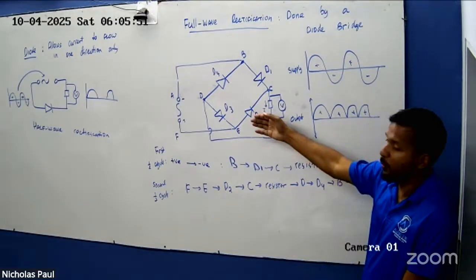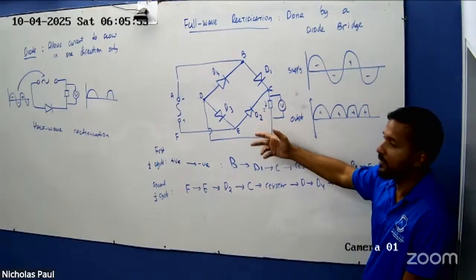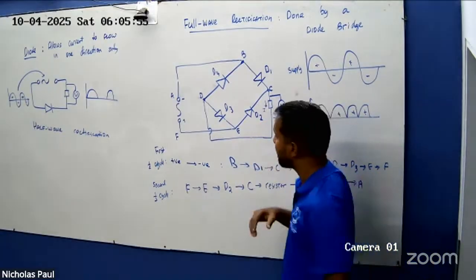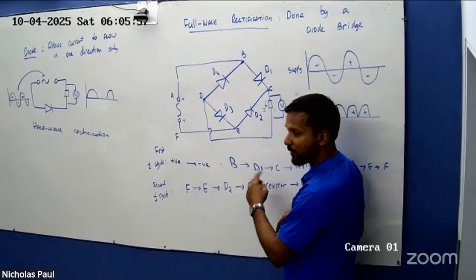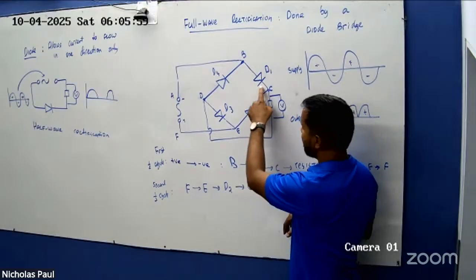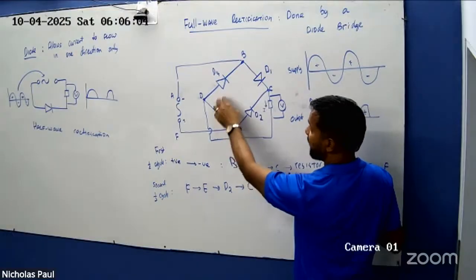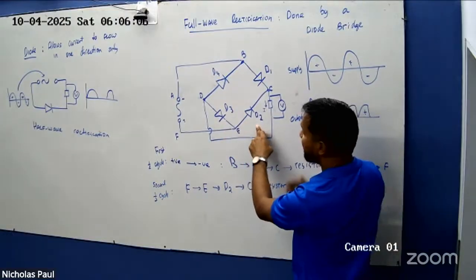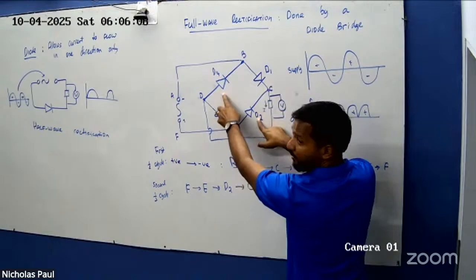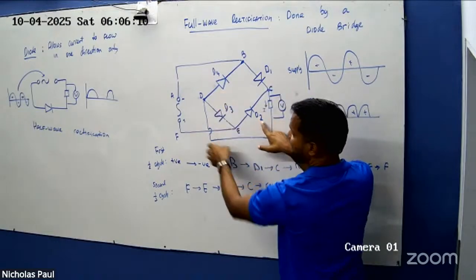But the reason I would have done this is because this should work for every cycle. So technically, if you look at it, it's only two diodes you're using for one cycle. You're using D1 and D3, and then you're using D4 and D2. For the first half cycle, you're using these two. We don't care for these. And then for the next half cycle, we're using these two.